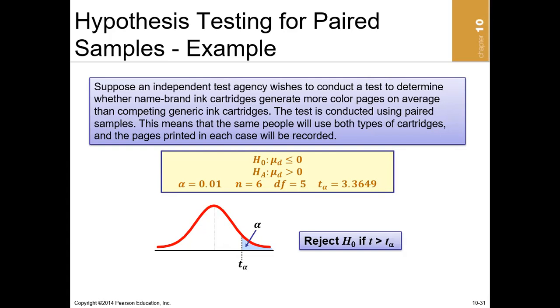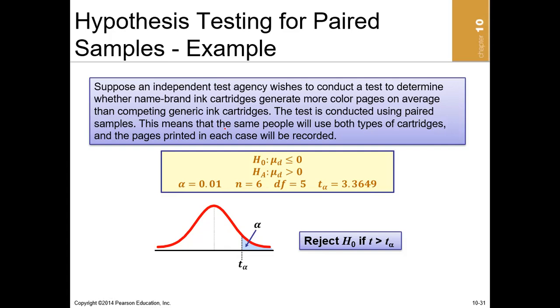The test is conducted using paired samples. This means that the same people will use both types of cartridges, and the pages printed in each case will be recorded.